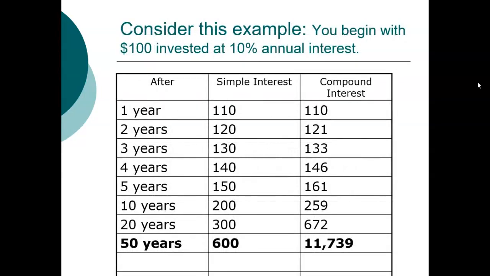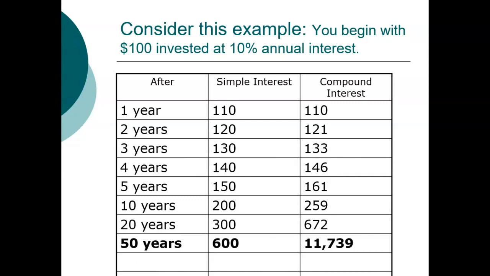Just an example. If we have $100 invested at 10% annual interest, and we are paid simple interest, it doesn't look like a huge difference in the first year. In the second year, third year, even by about the 10th year, it's not a huge difference. By 20 years, we do see a big jump.